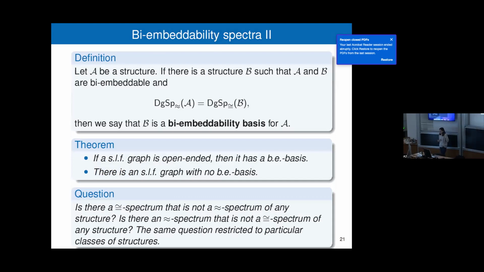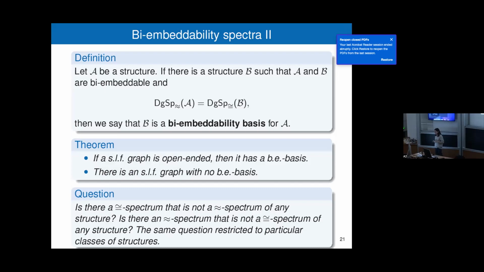Okay, so we need to look further. This is also something that we know for these open-ended graphs, that they all have this bi-embeddability basis. So it's another indication that they are not really enough to get interesting examples. We say that the structure has a bi-embeddability basis if its bi-embeddability spectrum actually collapses to the isomorphism spectrum of one of the bi-embeddable copies of the structure.